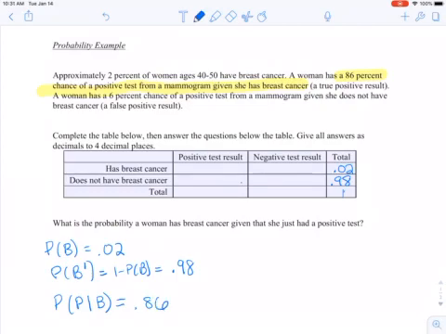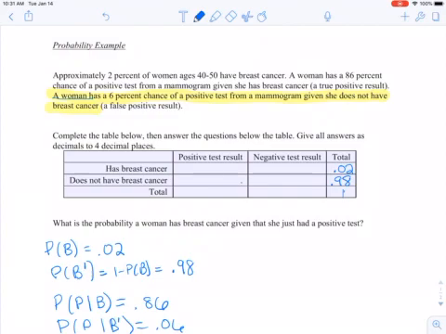Okay. What else does it give us here? That's the true positive. She has a 6% chance of a positive given she does not have breast cancer. Okay, so that's the probability that she has a positive test result given she does not. I'm going to write that as the complement of B is 0.06.